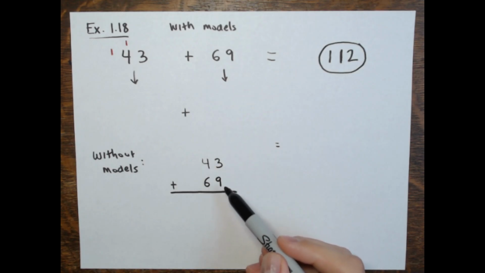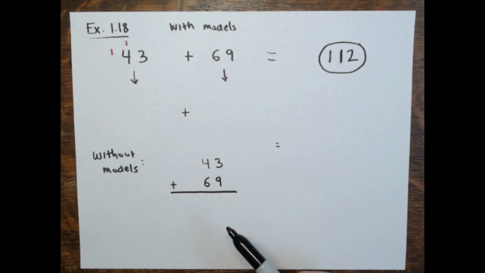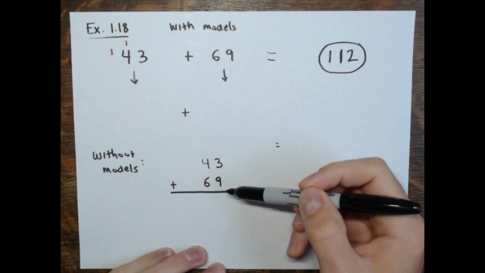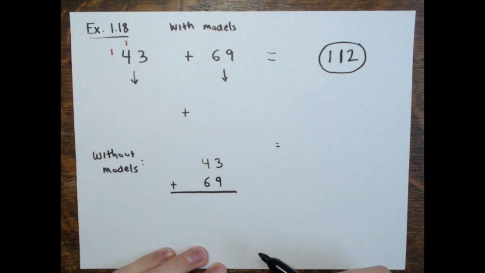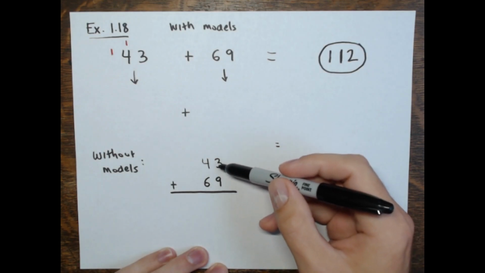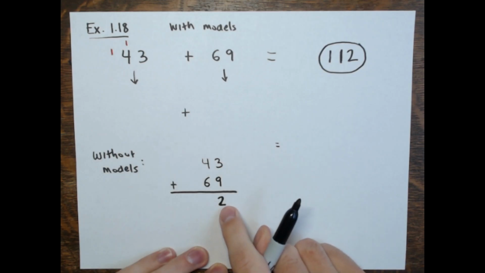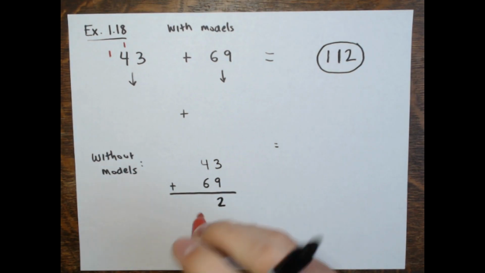And starting from the right, I'm going through that procedure, that little how-to box they described. 3, and again, this is where knowing all those single-digit sums from table 1.1 will come in handy. 3 plus 9 is 12, okay? So I'd have 12 is 2 ones and 1 ten.